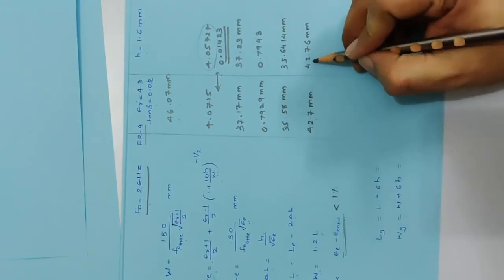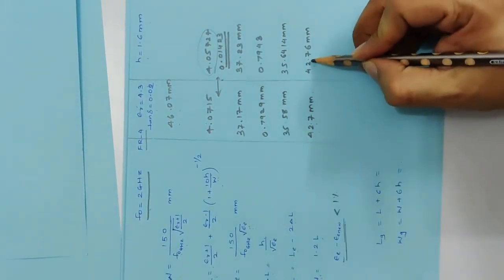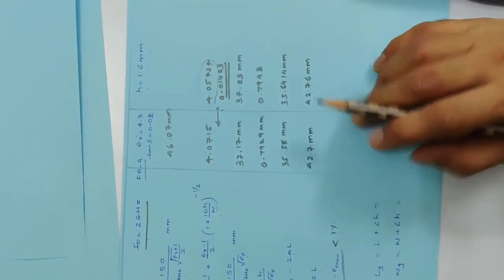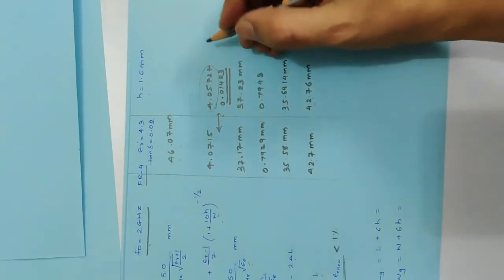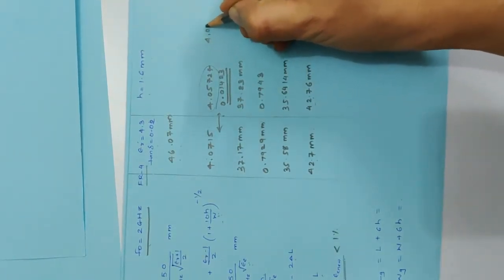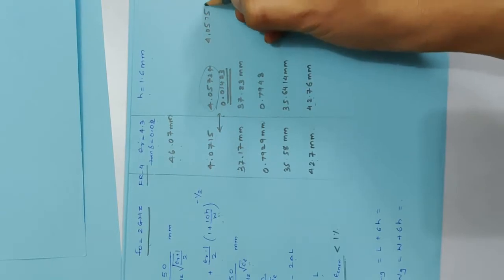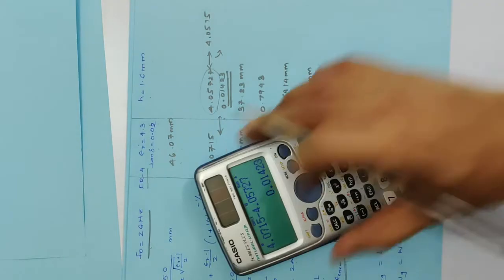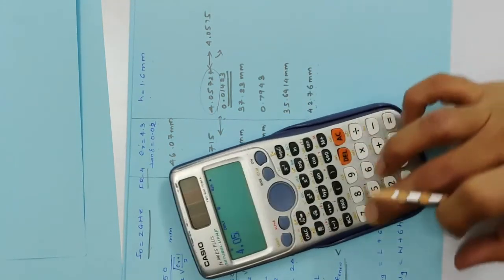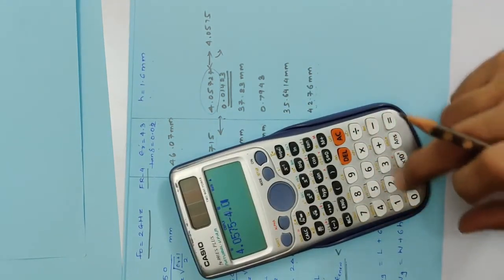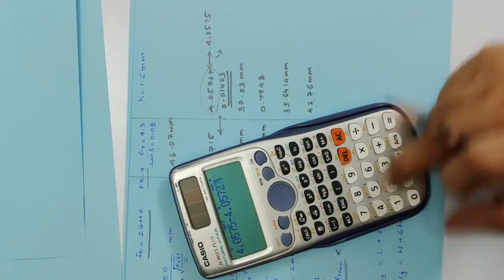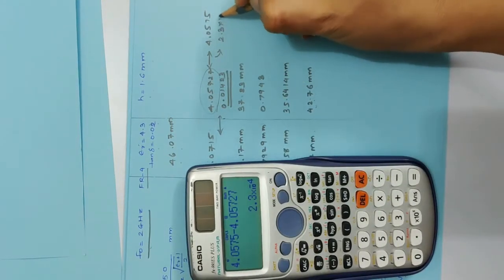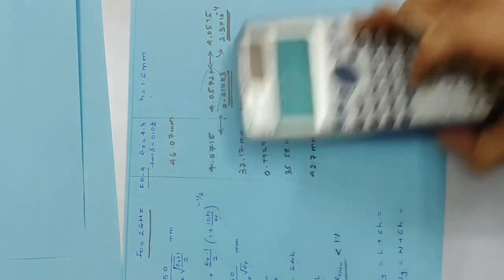Now we will calculate the epsilon effective again by substituting W as 42.76 mm over here. So in this process, the epsilon effective turns out to be 4.0575. And now we'll calculate the difference between these two, and it turns out to be 2.3 into 10 to the power minus 4.